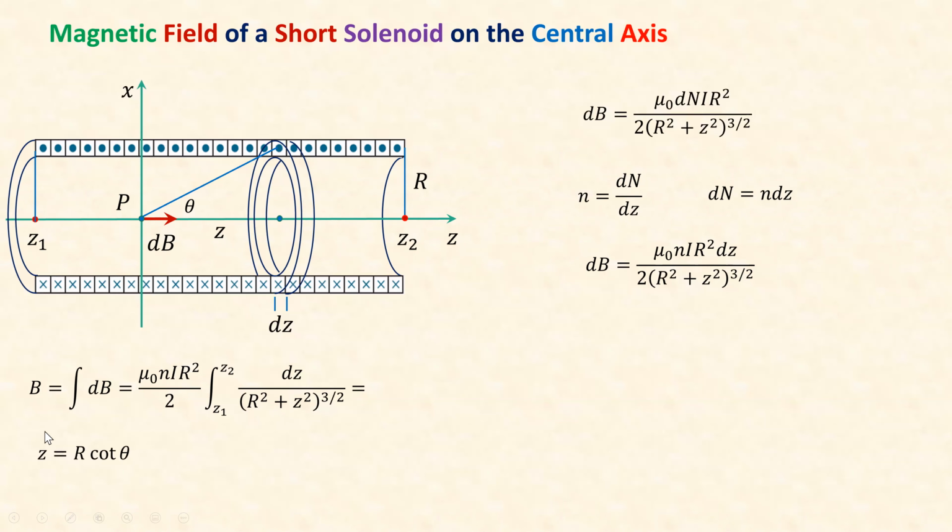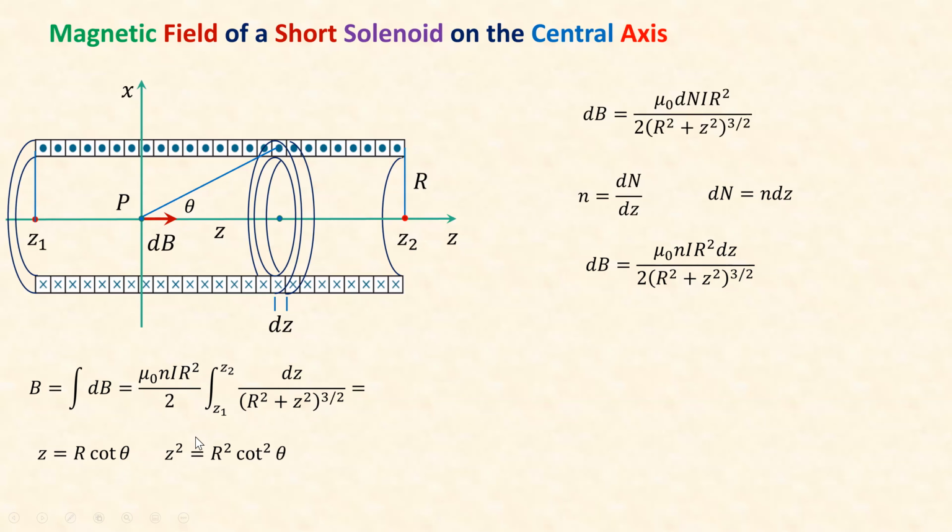If you take this change of variable, z equal to r cotangent of theta, basically z over r is cotangent of theta, or r over z is tan of theta. Therefore, z is r cotangent of theta. You could also write cosine theta. It will become like that at the end.